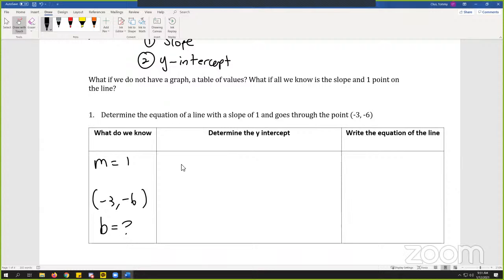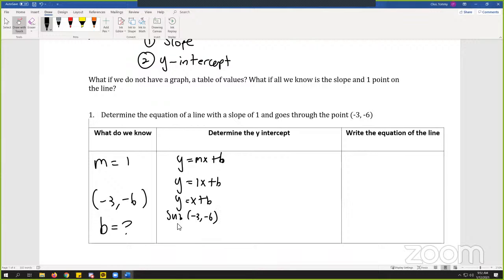So first, we know that the equation should be y equals mx plus b. And we're going to plug in our slope because we know it. So y equals 1x plus b, but we know 1x is just y equals x plus b. What we do from here is that we're going to substitute -3, -6.